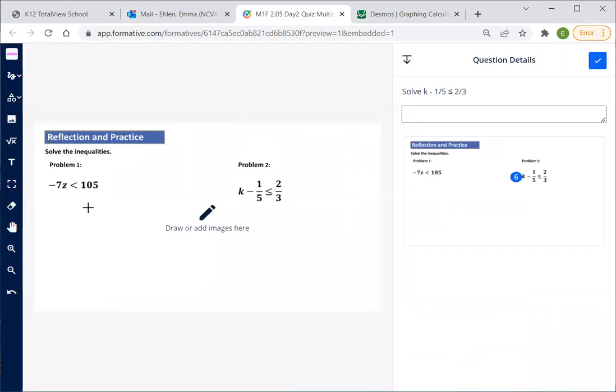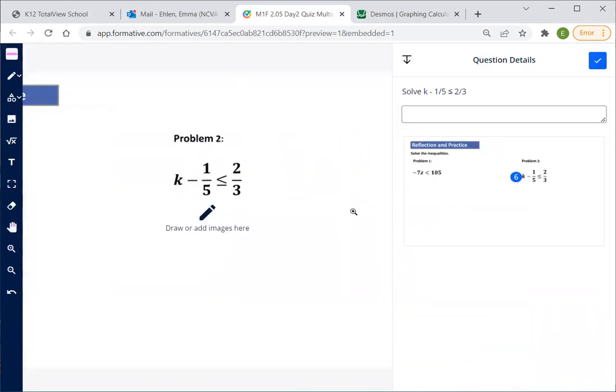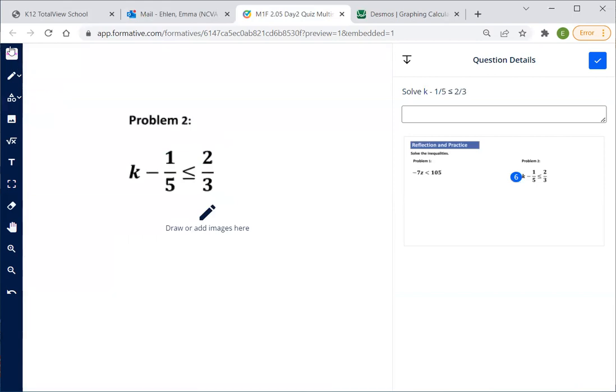And last but not least, we have problem number 2. Draw our line down the middle. Now the only thing we have here is this -1/5, so we have to add 1/5 to both sides. And guys, don't be intimidated by adding or subtracting fractions because Desmos can do it for us.